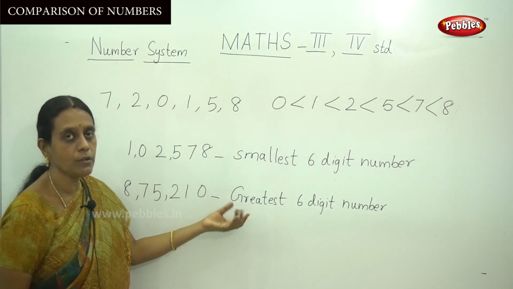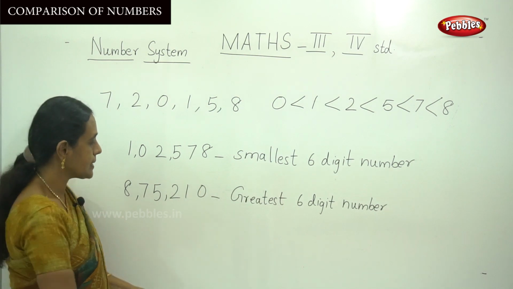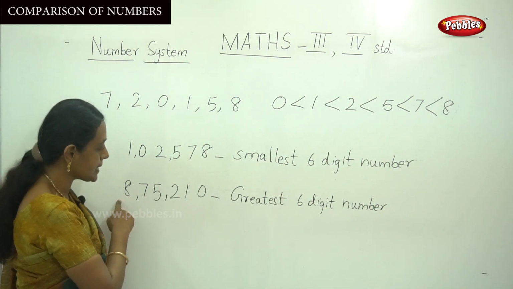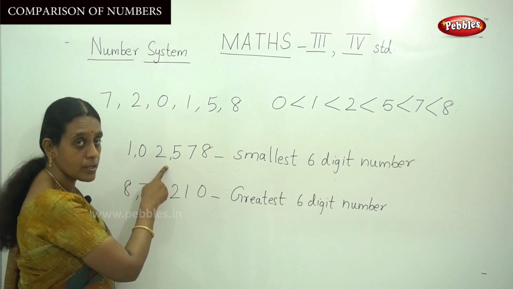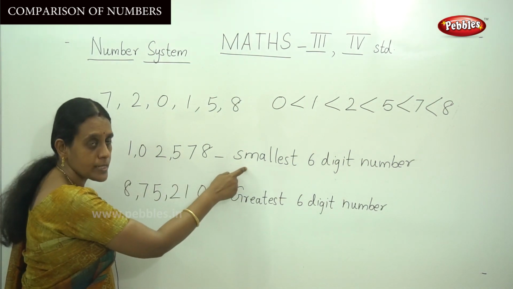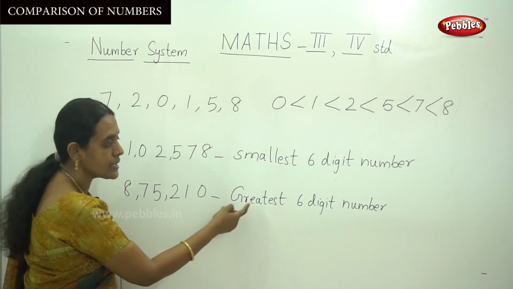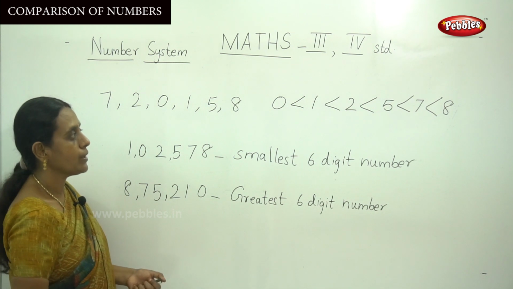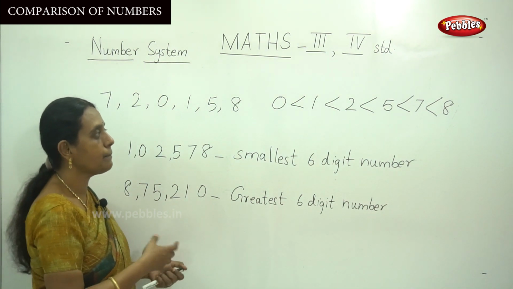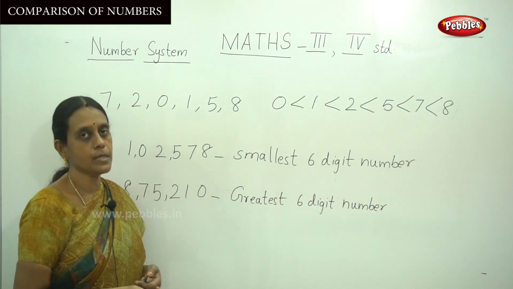This forms the smallest 6-digit number, since it is in increasing order. For the greatest 6-digit number, we use a decreasing order. Okay, and let me move on to the comparison of numbers with different digit numbers.